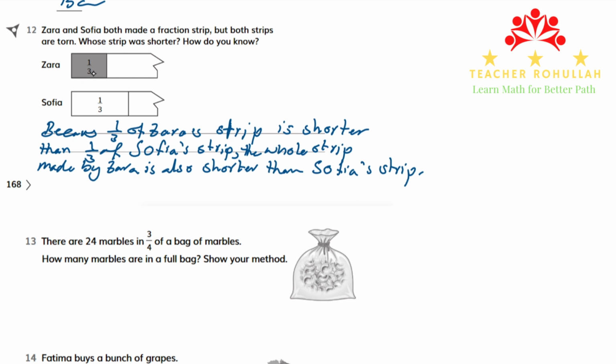Why? If 1/3 of Zara's strip is shorter than Sophia's, so the whole strip made by Zara is shorter than the whole strip made by Sophia. This is the logic that we can use to answer this question.